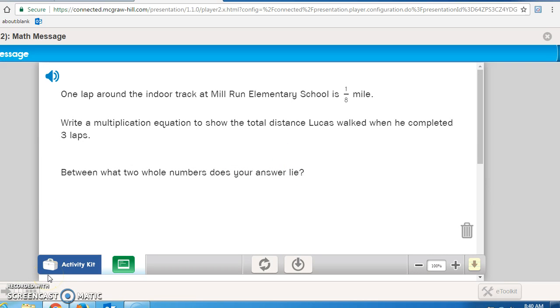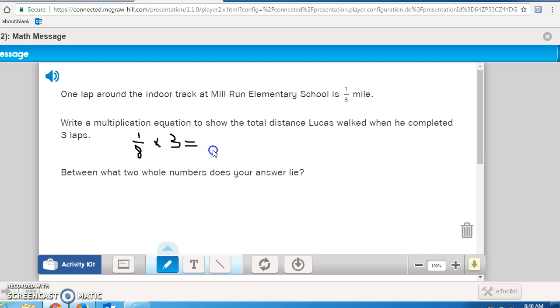Read this to yourself as I read it out loud. It says, 1 lap around the indoor track at Mill Run Elementary School is 1/8 a mile. Write a multiplication equation to show the total distance Lucas walked when he completed 3 laps. All right, so what we're going to do is look at 1/8 times 3, because they said 3 laps.